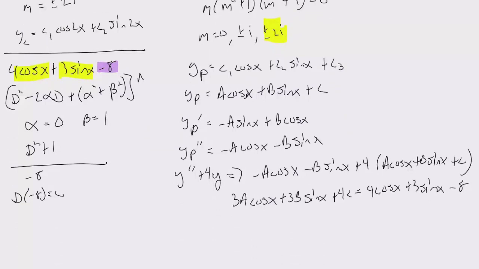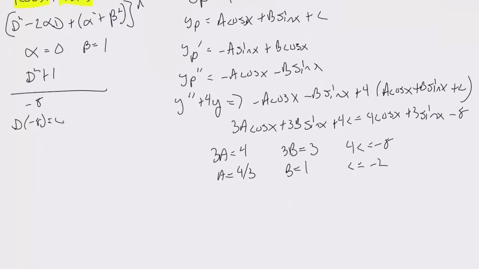All right, so that says that 3a has to be 4, 3b has to be 3, and 4c has to be negative 8. So a would be 4/3, b would be 1, and c would be negative 2.